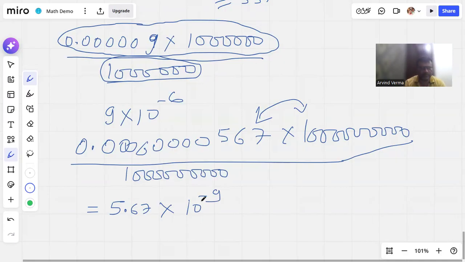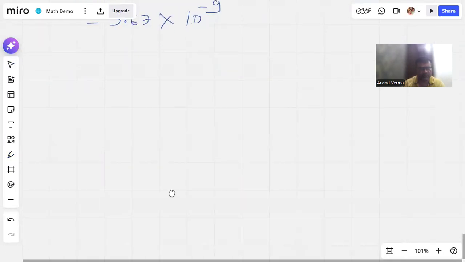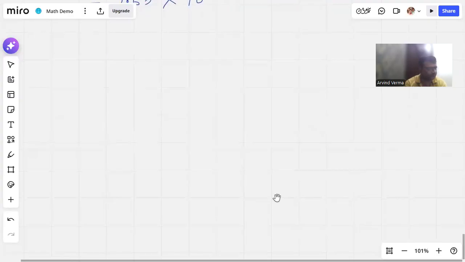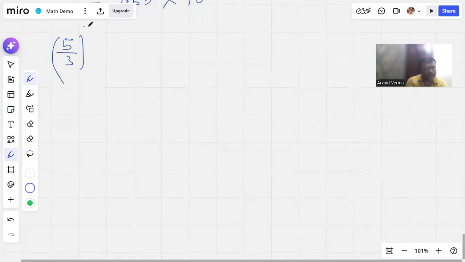Let's take one last example. 5 upon 3 raised to the power minus 4, into 5 upon 3 raised to the power minus 5, is equal to 5 upon 3 raised to the power 3x.